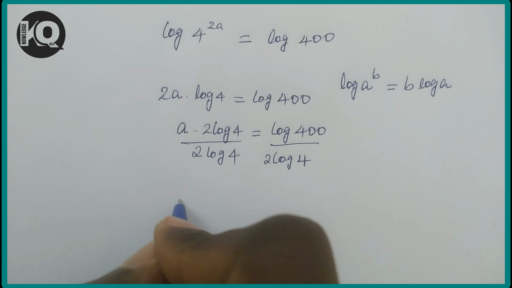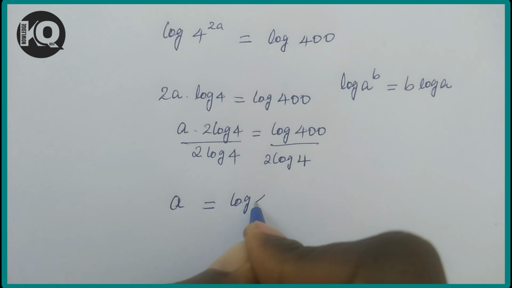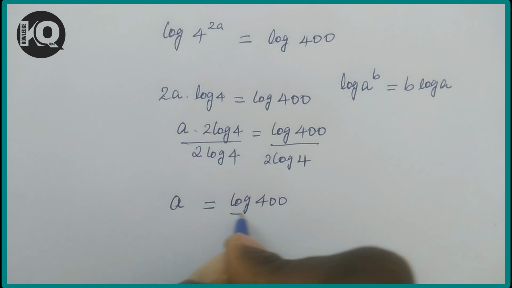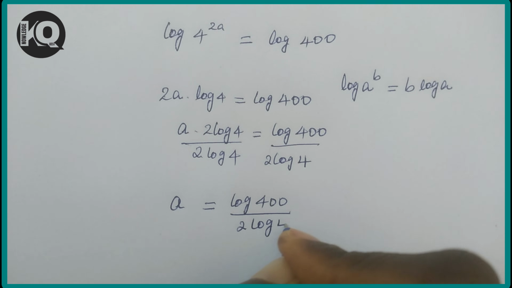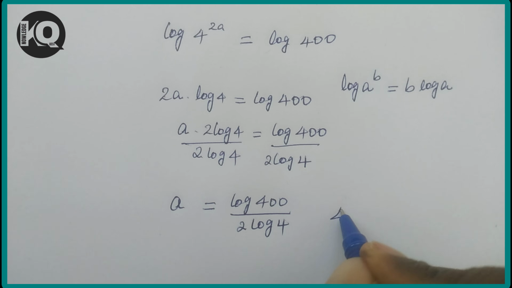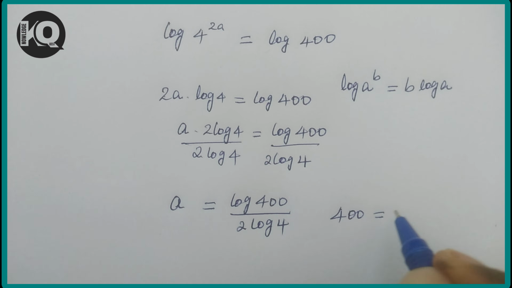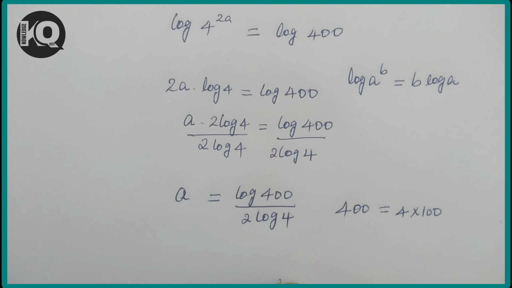Then the remaining term will be a, which is equal to log of 400 divided by 2 times log of 4. And we can factorize this 400 as 4 times 100.